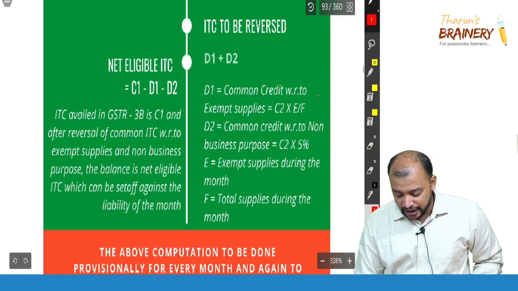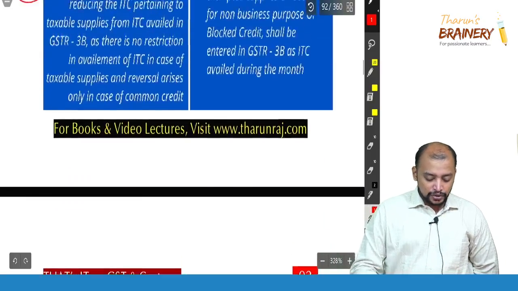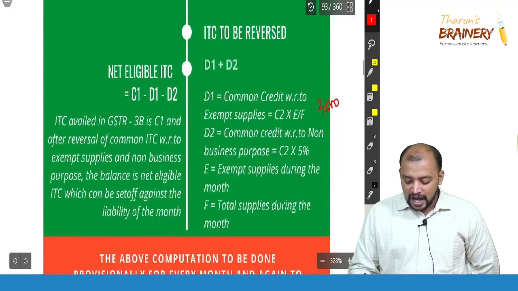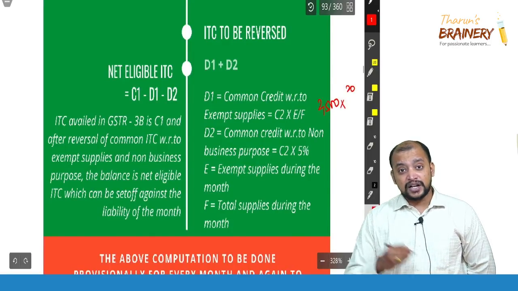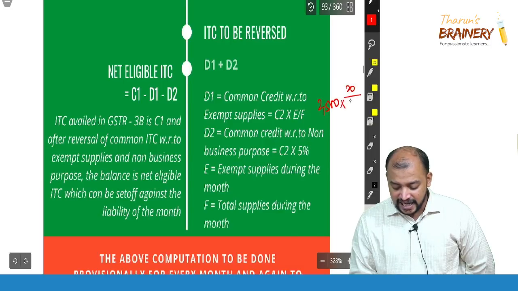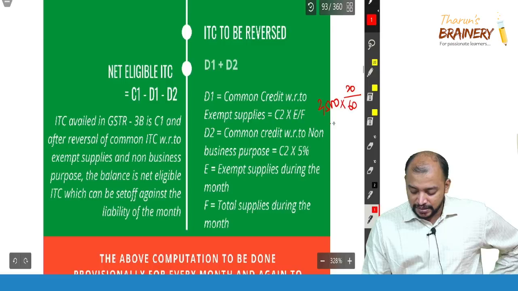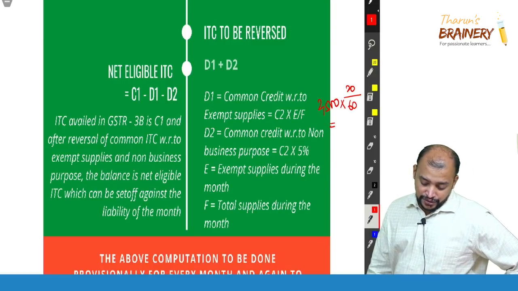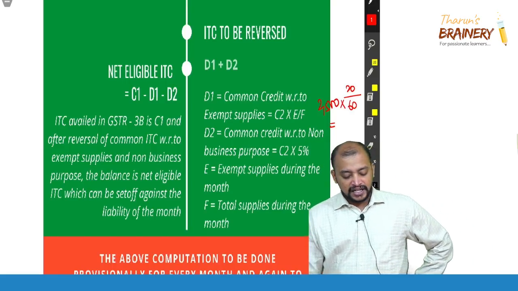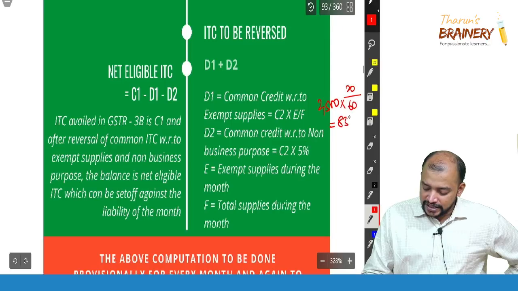What is the common credit? In our example, 2500 rupees. Say 20 lakhs is the turnover of exempted supply and 60 lakhs is the total turnover, so 40 is taxable. Then how much is the credit attributable to exempted supply? Can you calculate that? 2500 into 20 divided by 60. So 833 rupees is related to exempted supply.